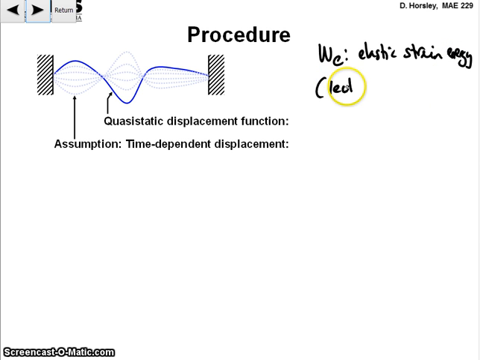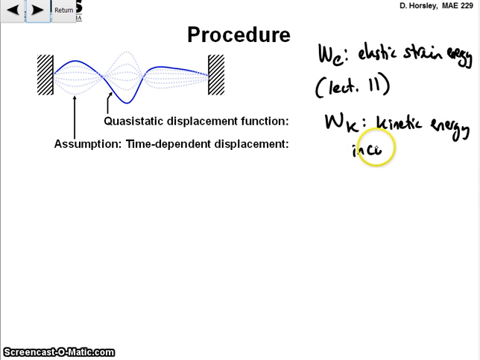This was in lecture 11. So here what we're going to do is calculate WK, which is the kinetic energy in a continuous body. So how do we do this?